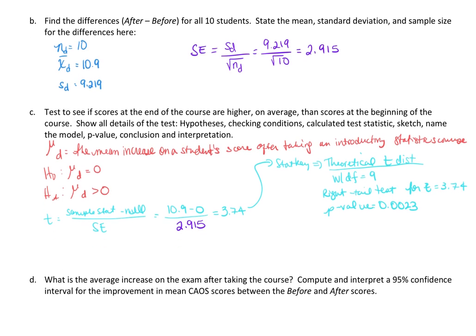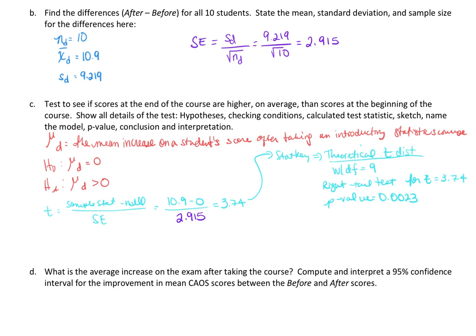So with this in mind, our p-value is now less than alpha, right? So no matter what alpha is, this is a really tiny p-value. So we're going to say our p-value is less than alpha, so therefore we will reject the null.